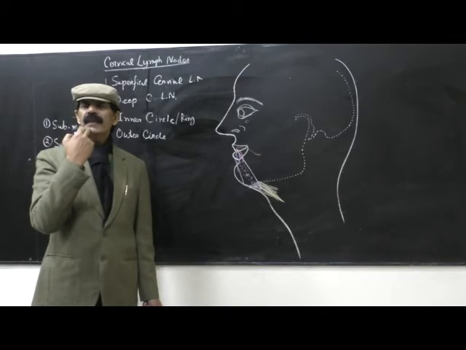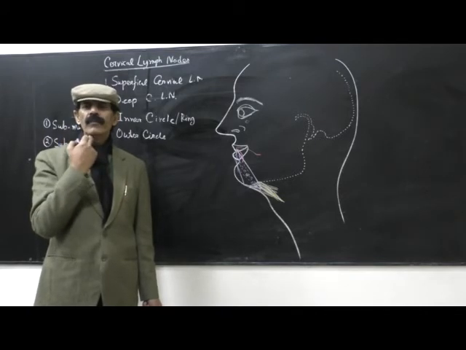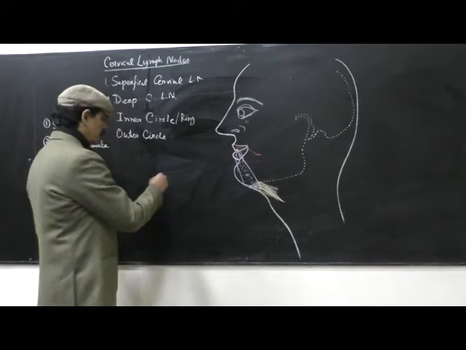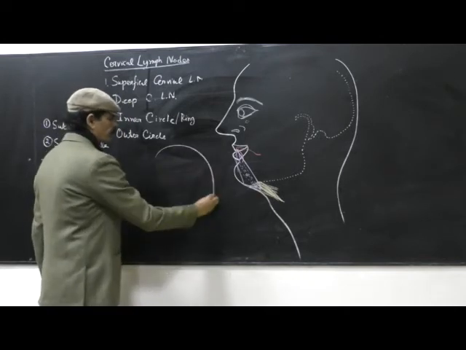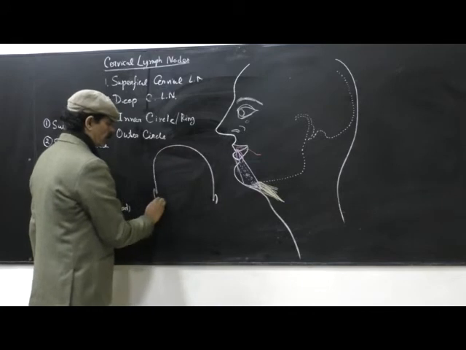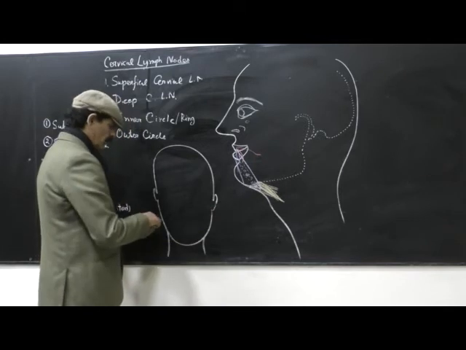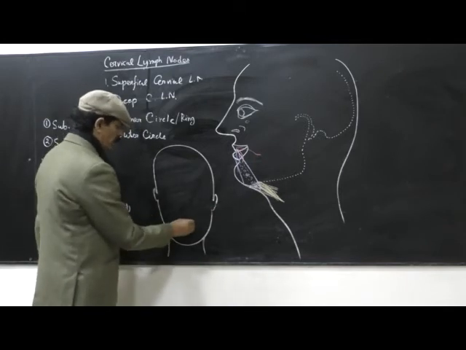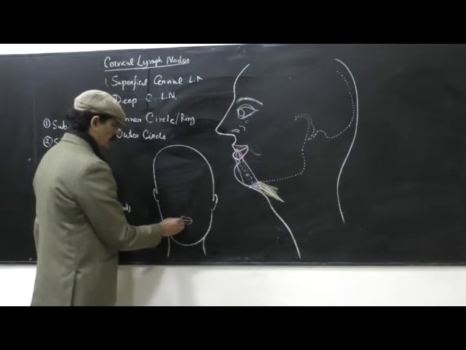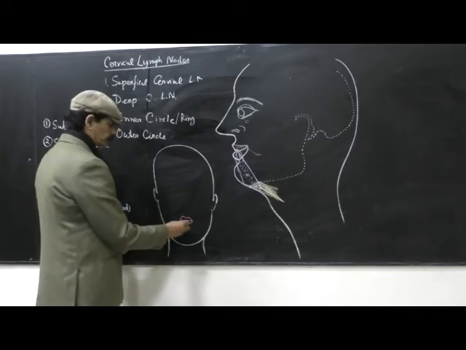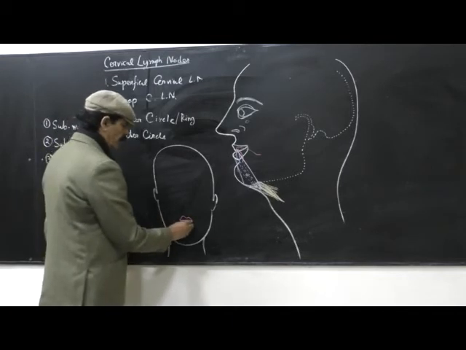So this wedge-shaped area is so formed if we see from the front side: from the central part of the lower lip, the incisor teeth inside, and the floor of the mouth.